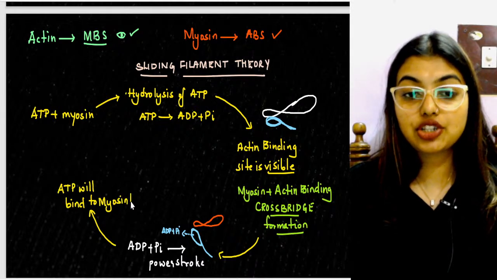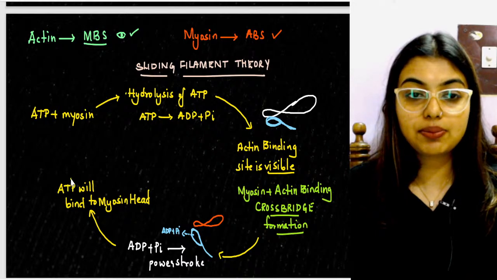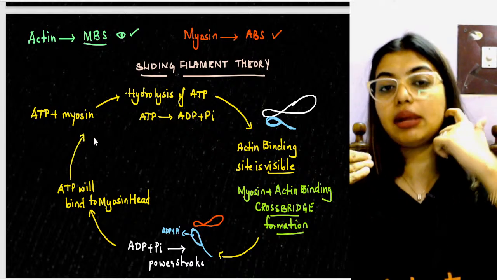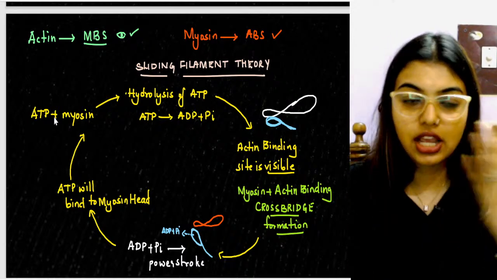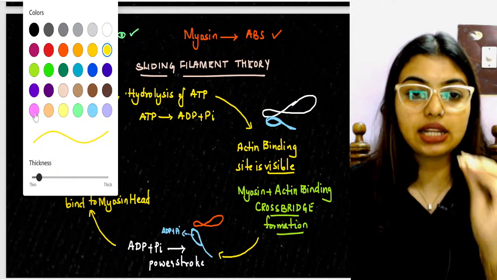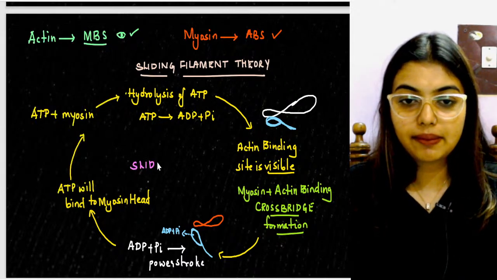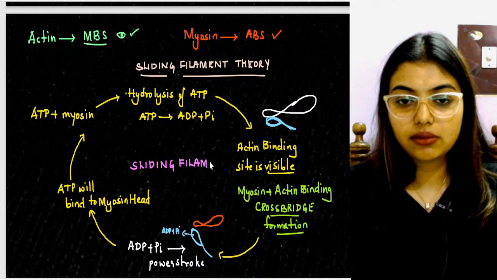By then your action potential also would have come down, so automatically the actin binding site, in the sense the myosin binding site on the actin, will also not be visible. So this is your beautiful sliding filament theory.